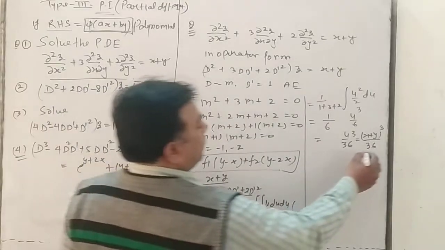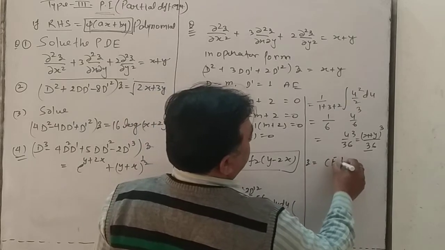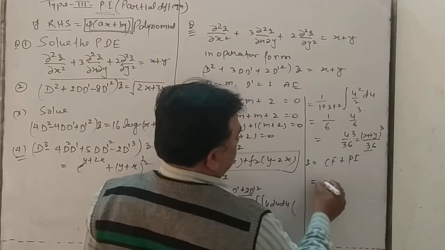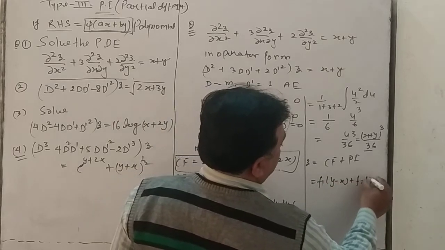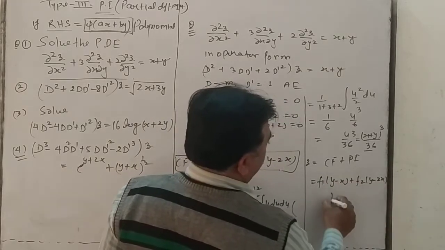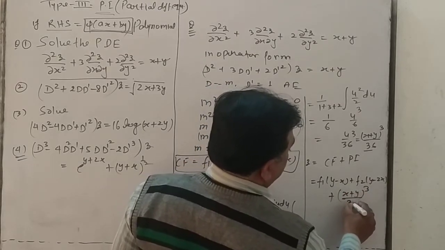So this is the PI of the partial differential equation. Then z equals the complete solution, CF plus PI: f1 of (y minus x) plus f2 of (y minus 2x) plus (x plus y) whole cube divided by 36.